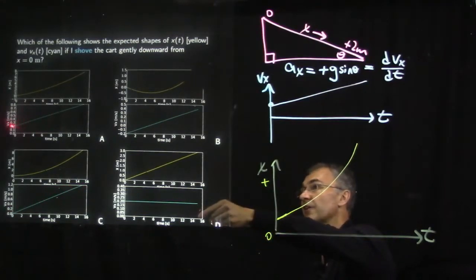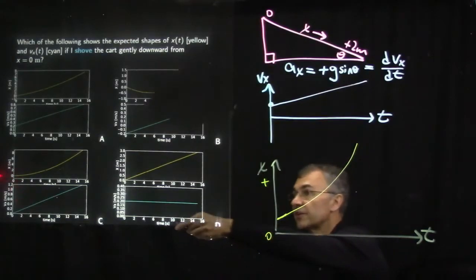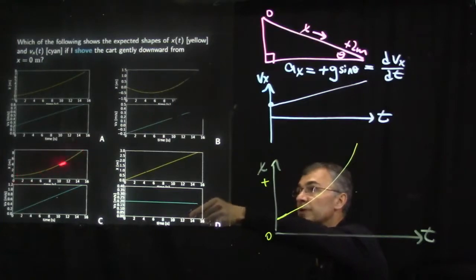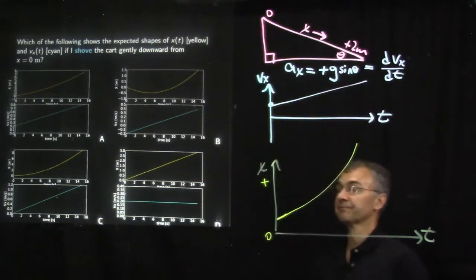Here the velocity starts out positive and increases. Here the slope of the x versus time curve starts out 0. You see the tangent of that curve is horizontal, and then it gets more and more positive. Here the tangent of that curve starts out positive, with a positive slope, and it gets more and more positive.